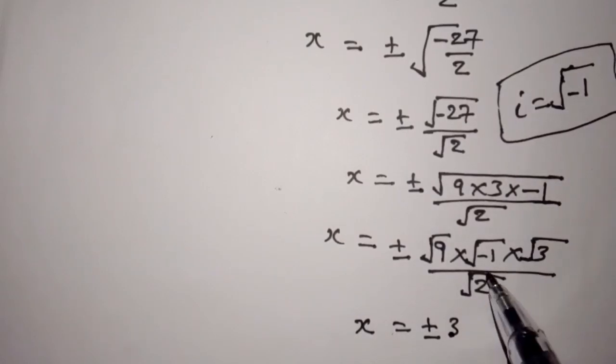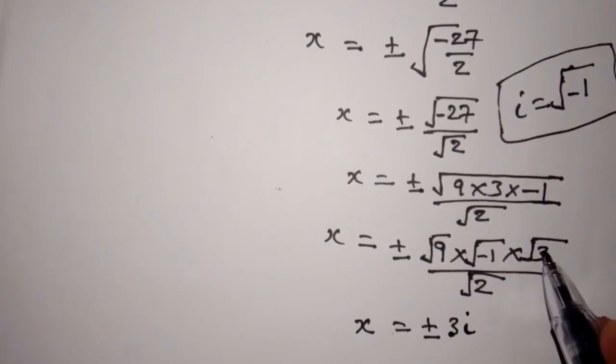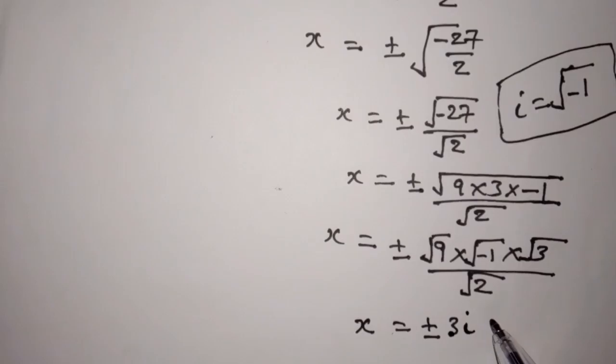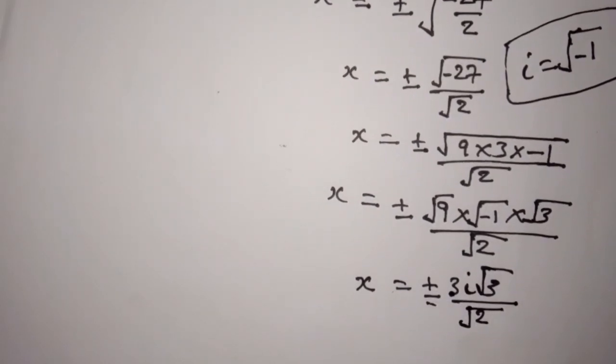Then we multiply by square root of 3 over square root of 2.